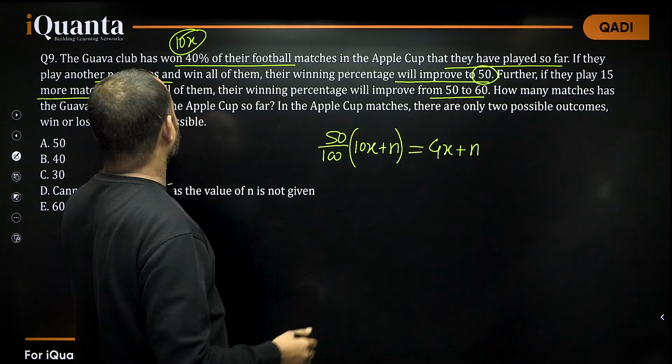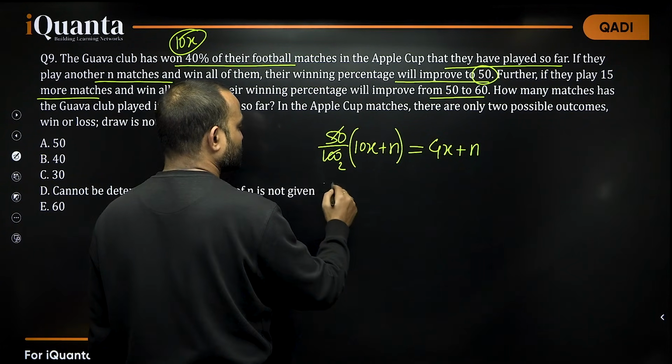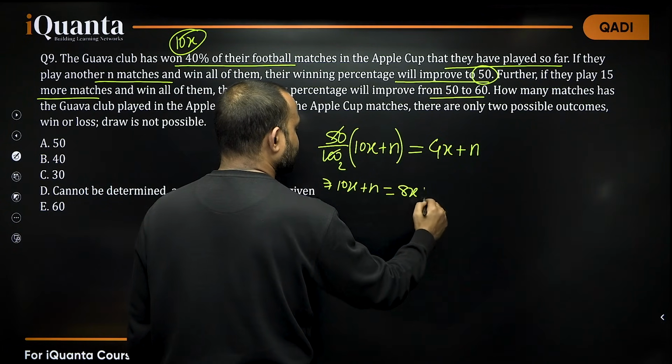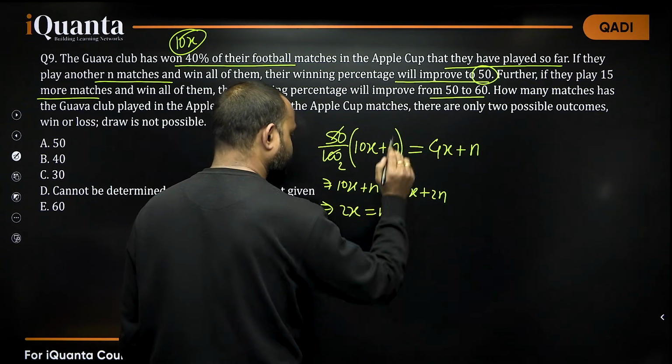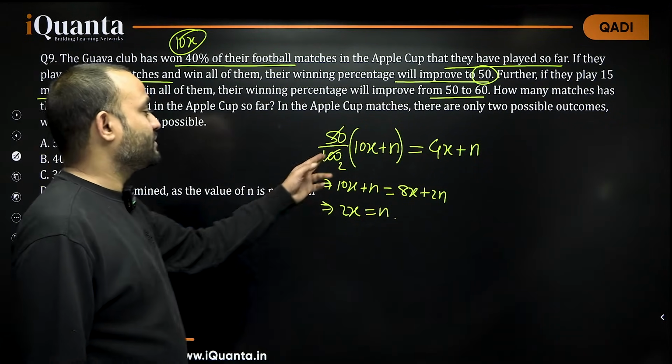They won all of the matches, okay? So this is 1/2, so we can say 10X plus N is equal to 8X plus 2N, or 2X is equal to N, right? Now, the total number of matches played by them is 12X, correct?